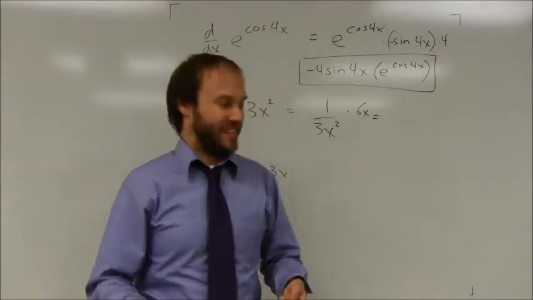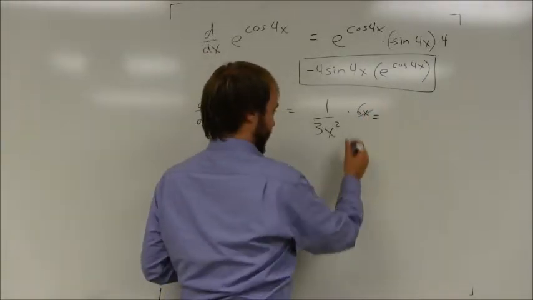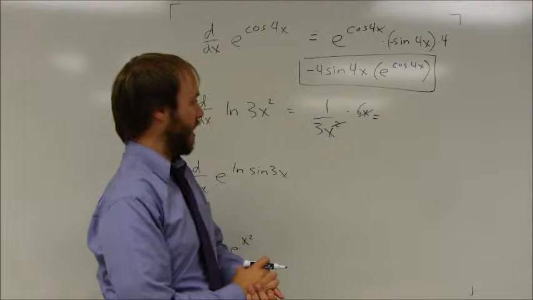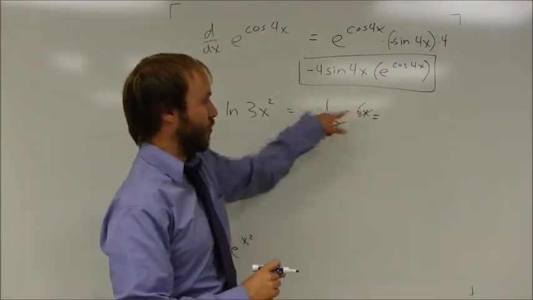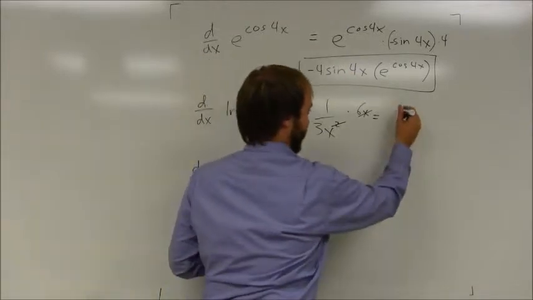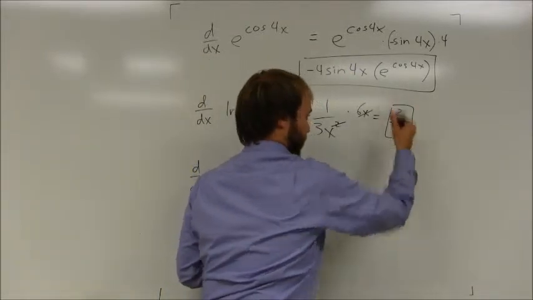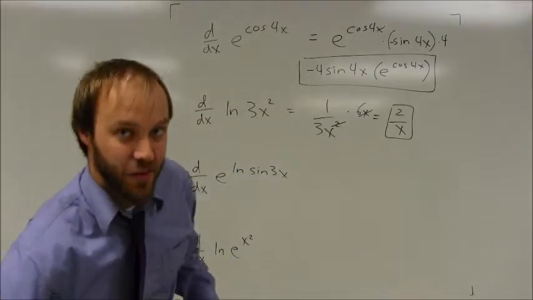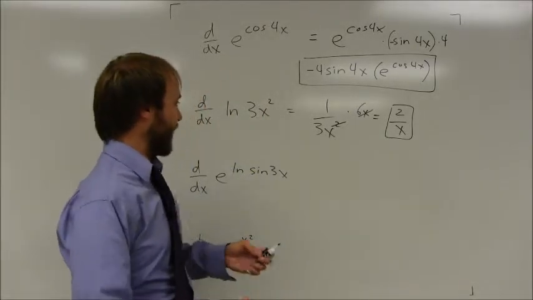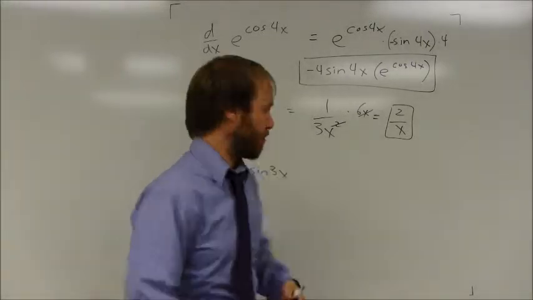There's a little bit of canceling that's going to happen. I can divide an x out of the numerator, I can take an x out of the denominator, I can divide 3 out of the numerator and denominator, and that's going to end up leaving me with 2 over x. By the way, these natural log derivatives can be done different ways. For example, I could also use different log properties.